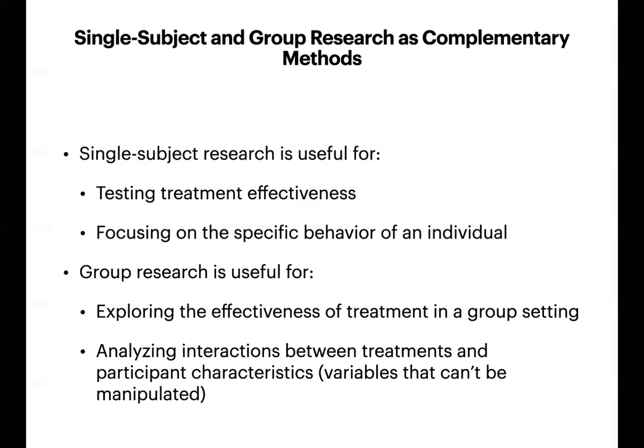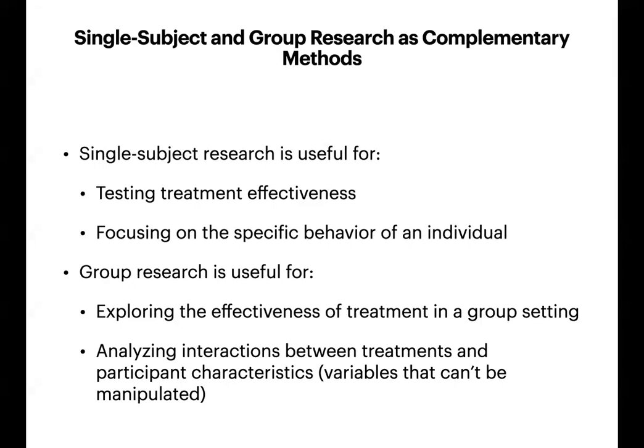Another advantage of the group research approach is its ability to analyze interactions between treatments and participant characteristics. For example, if a treatment works for highly motivated individuals but not for less motivated ones, a group design can identify this more efficiently than a single subject approach because single subject research involves a smaller sample size.